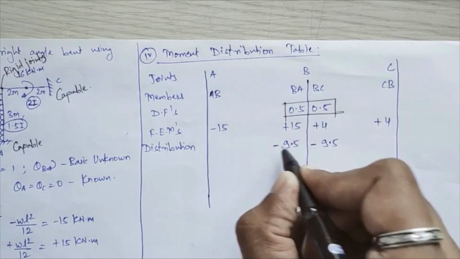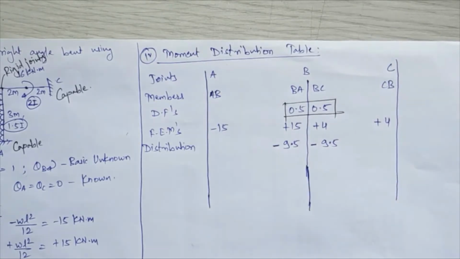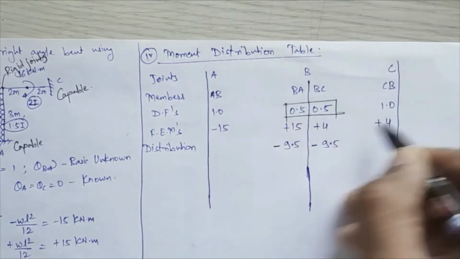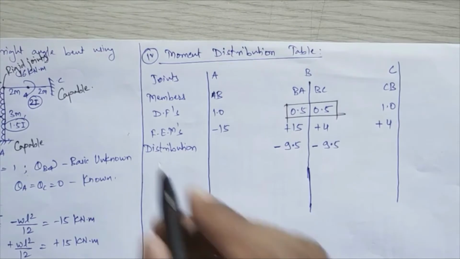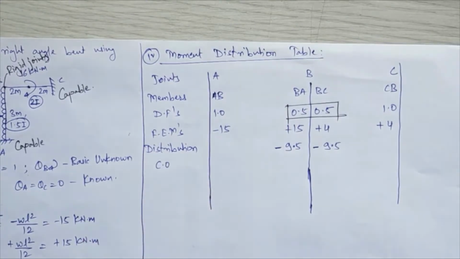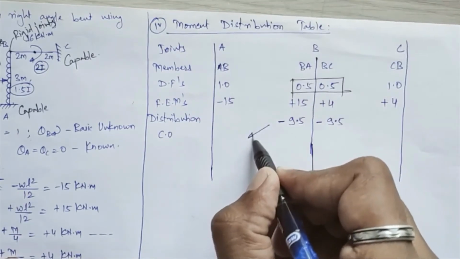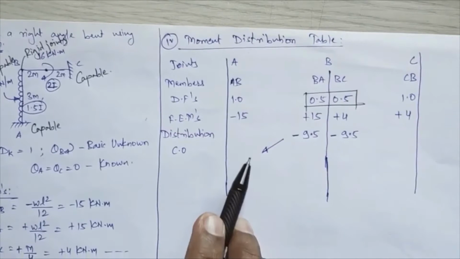Distribution you have to do with opposite sign, so that comes negative over there. For a single jointed member the DF will remain 1, so no need of distributing that. Next, after doing the distribution, what you have to do is the carryover. BA moment will get carried over to AB, but A must be capable over here. Yes, it is capable, so this carryover is possible.